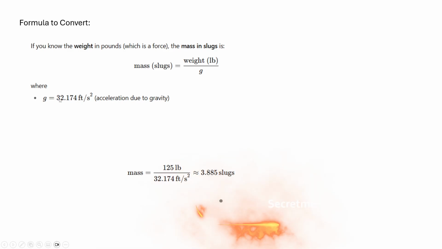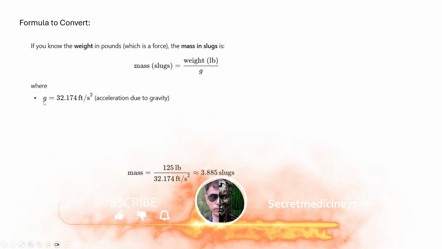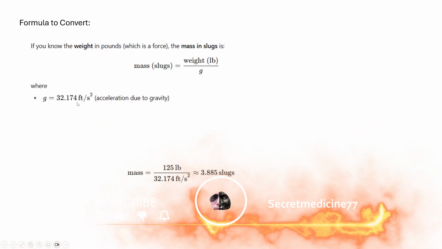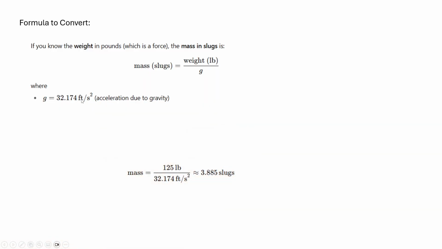If we want to know what g is in feet per second squared, it will be equal to 32.174. So for g we should use this number, and the weight should be in pounds.